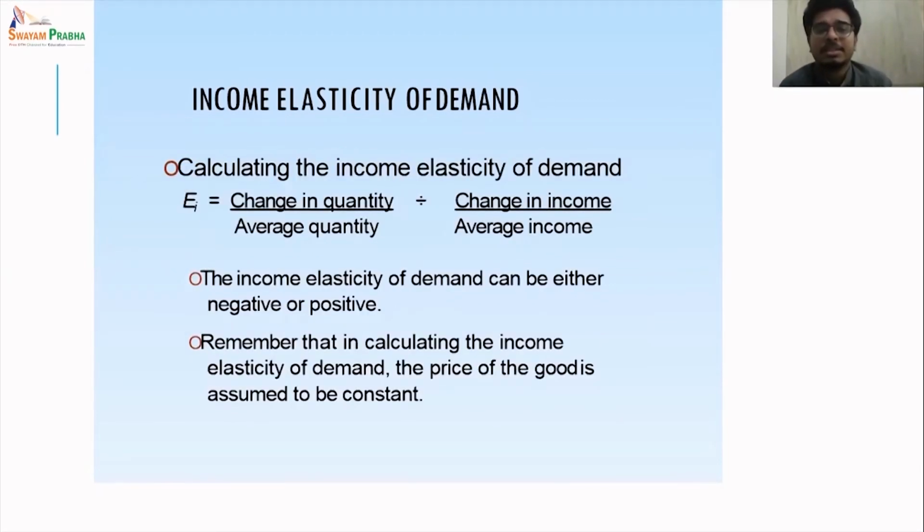So the income elasticity of demand, again, as we have estimated the price elasticity of demand, is change in quantity divided by the average quantity, whole divided by change in income by the average income, right? For a normal good, when the income increases, the demand also rises, and hence it yields a positive income elasticity of demand. When income rises for any normal good, the quantity demanded will also rise, and there will be a positive sign.